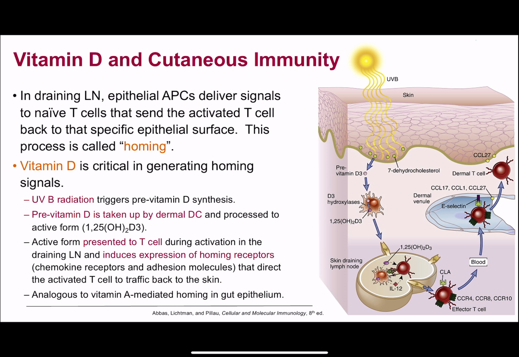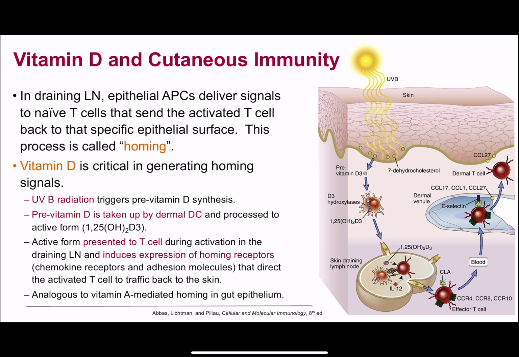All right, so UVB irradiation triggers vitamin D synthesis in those epidermal dendritic cells, in the Langerhans cells, and in the dermal dendritic cells, and in the other macrophages and dendritic cells that are resident there in the skin.